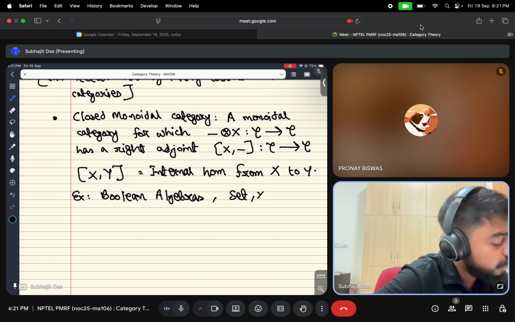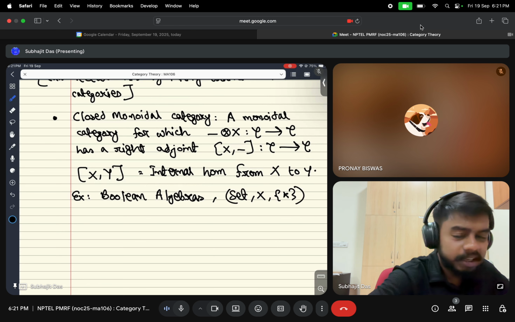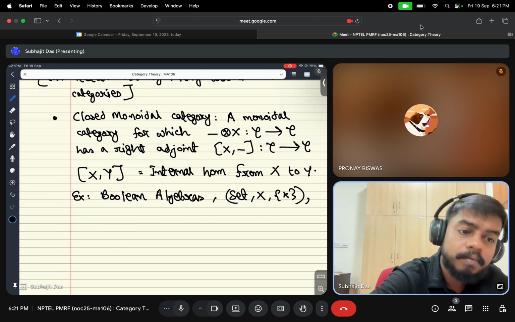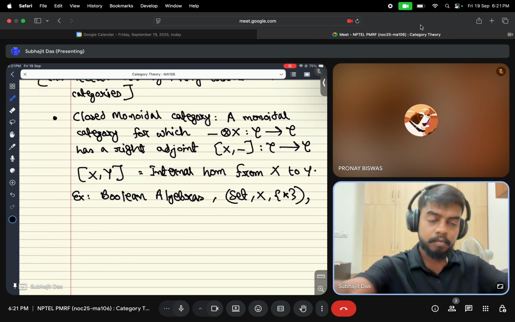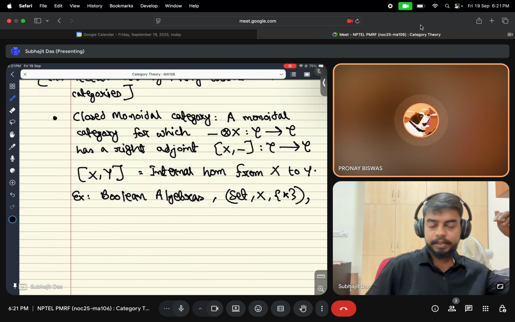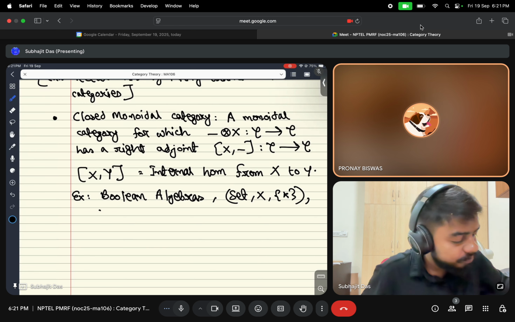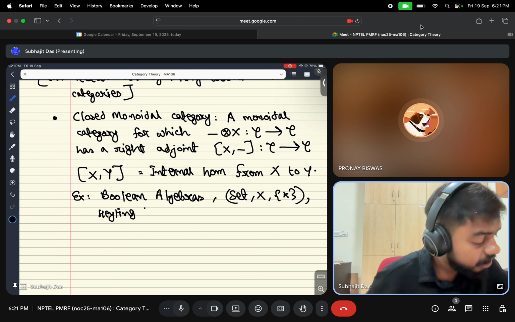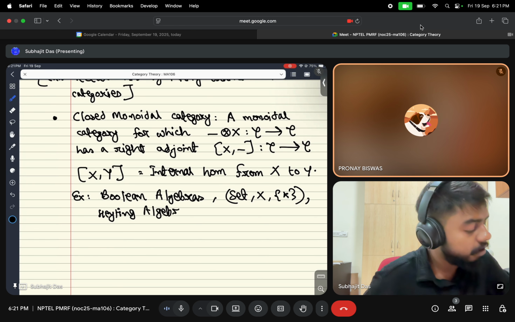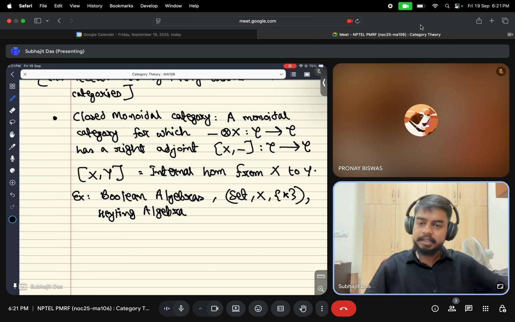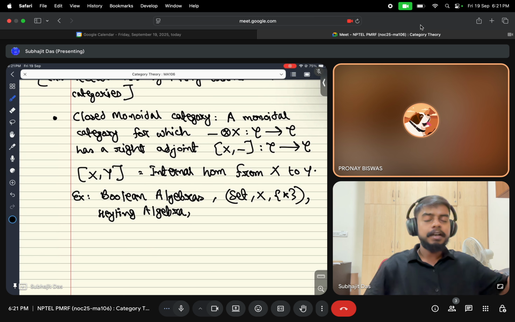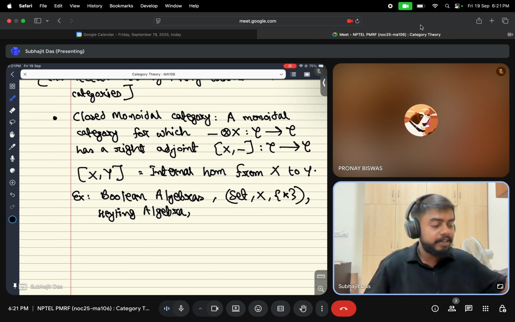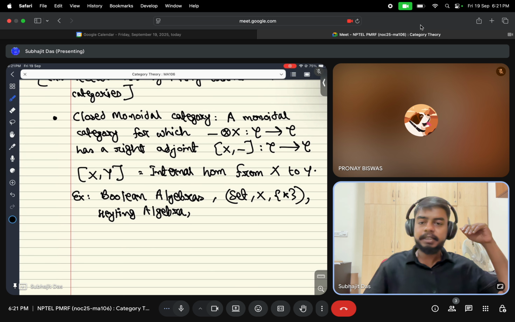Set with Cartesian structure. And what else? The implications serve as your right adjoint, which are given by the exponentials.